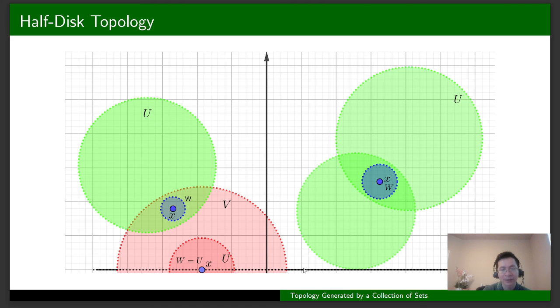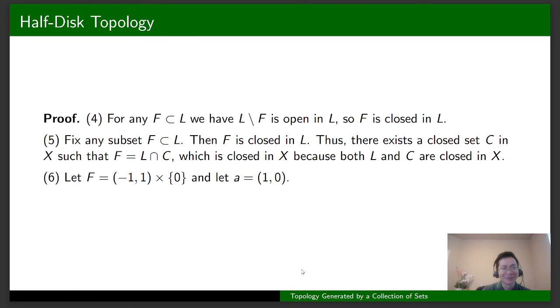And let the point A be, say, (1, 0). Then we can show that we cannot separate F and A by two disjoint open sets in this topological space. We will talk about that in our future video.